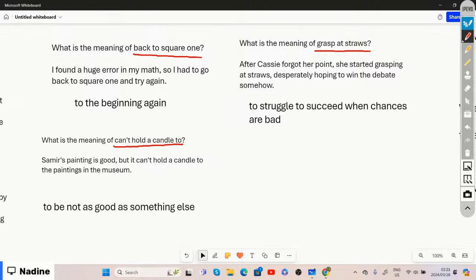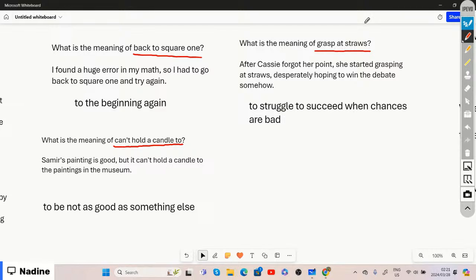Usually during debates or tests or assessments, you go blank. You forget what you wanted to say. Debating, you forget maybe your point, and for some reason, it's like, I know this, but I just forgot it. So that means grasping at straws.